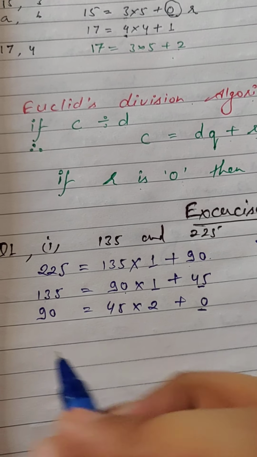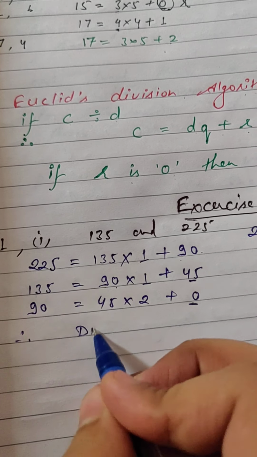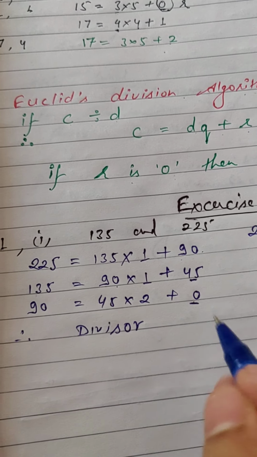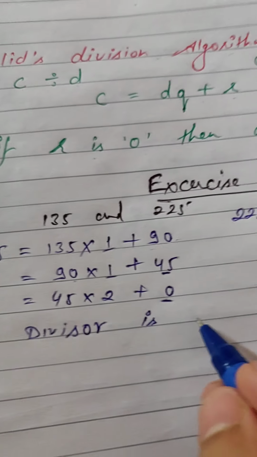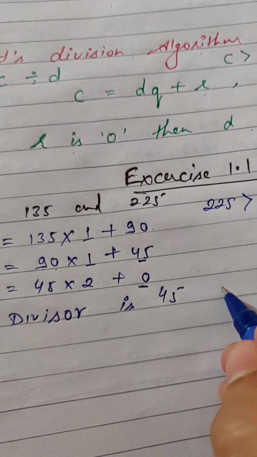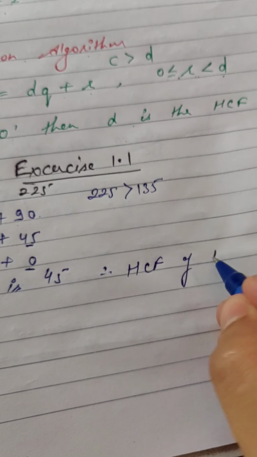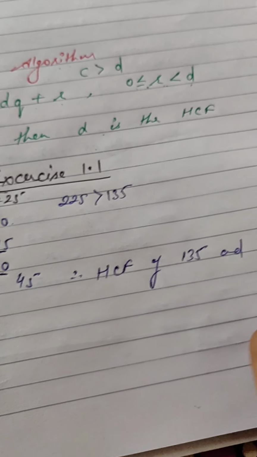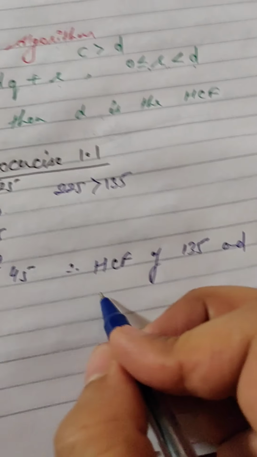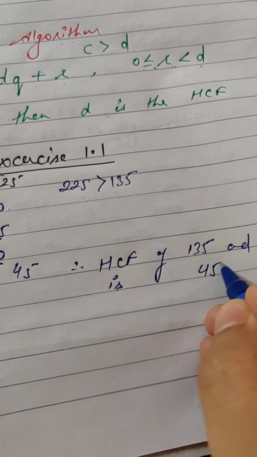Since the remainder is now 0, the divisor is 45. Therefore the HCF of 135 and 225 is 45.